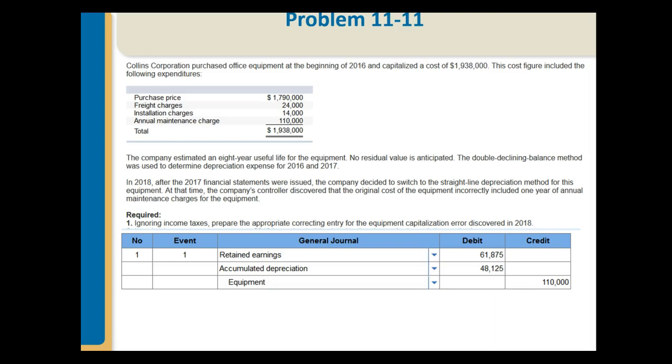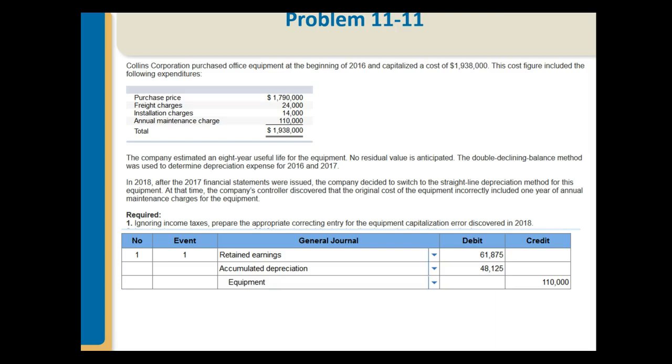Well, the company estimated an 8-year useful life for the equipment with no residual value. The double declining method was used. But in 2018, after the 2017 financial statements were issued, the company decided to switch to the straight-line depreciation method for its equipment.